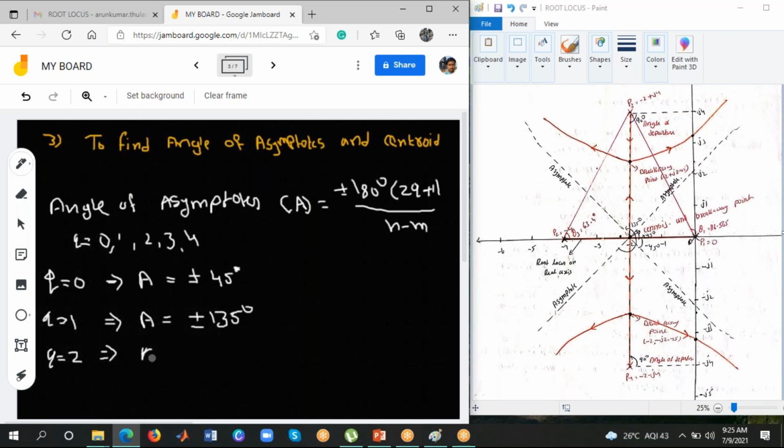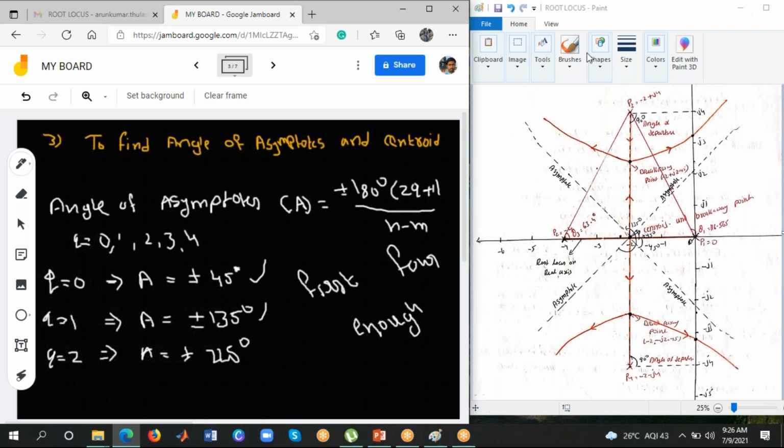Okay, now it is enough. We don't need to find the remaining, so we can find only these two: plus or minus 45 degrees and plus or minus 135 degrees.